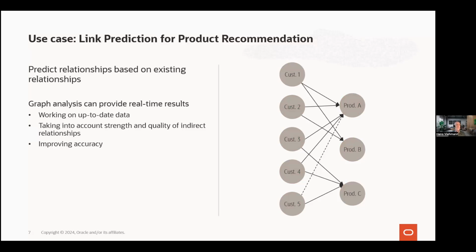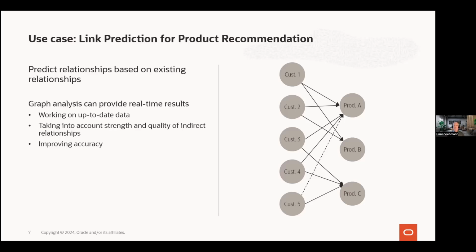If you look at an e-commerce website under normal circumstances, where you use machine learning to look at which customer has purchased which product, not taking into account that somebody has a connection to someone else who has purchased another product, this will give you information which is then missing. So you can essentially improve your accuracy by taking into account the indirect relationships. That's what I meant to say at this point.